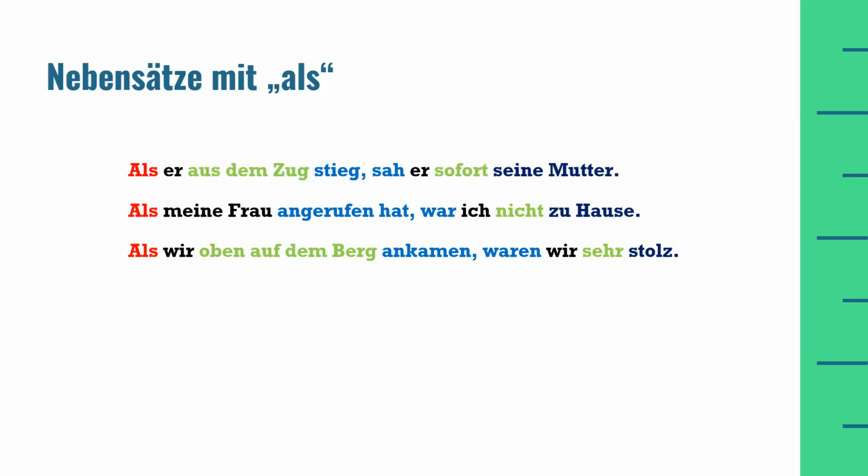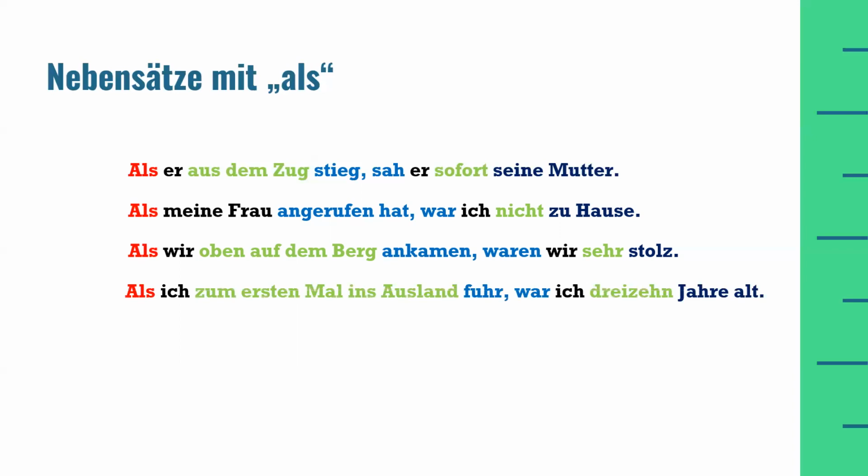Then we put a comma and give a space. Then we start the Hauptsatz, which has to be started with the verb and it has to be conjugated according to the subject that will be at the second position. So wir is the subject, and for wir waren remains waren, sehr stolz comes at the last position.